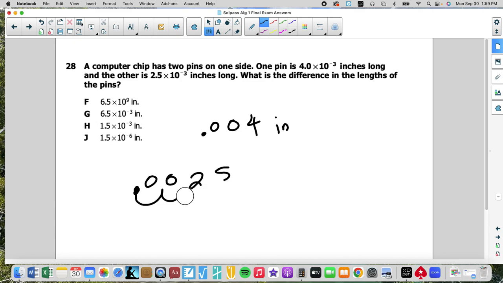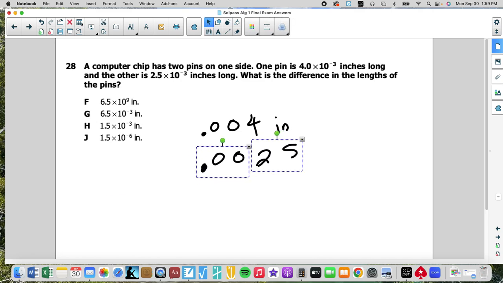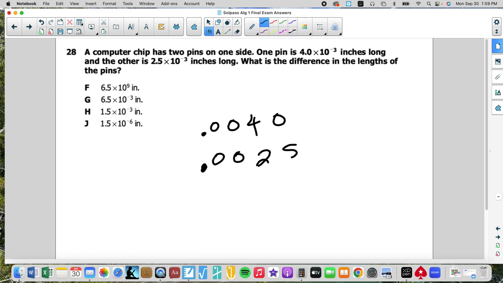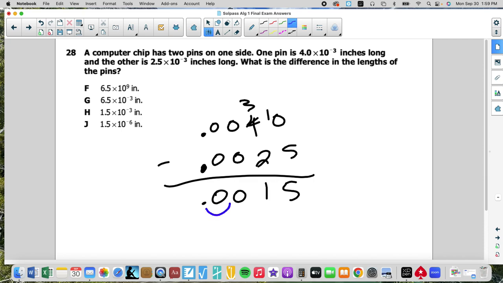So we want to find the difference. You take both of those, and we're going to subtract them. So I need a 0. I need a 0, and I'm going to subtract. I got to borrow 5, 1, 0, 0, and now I'm going to move it 1, 2, 3 back between the numbers 1 and 10, and we get 1.5 times 10 to the negative 3. So that is going to be H, 1.5 times 10 to the negative 3 inches.